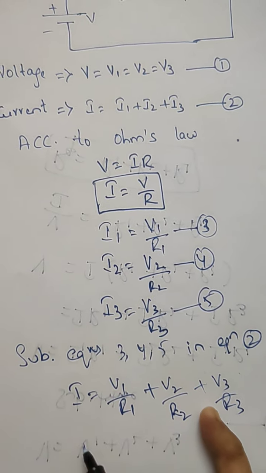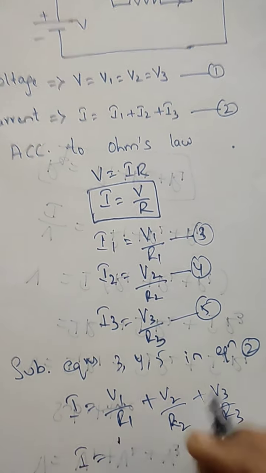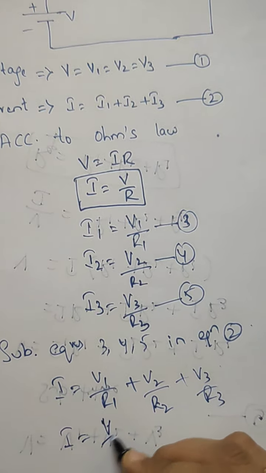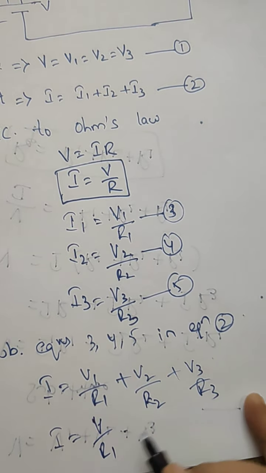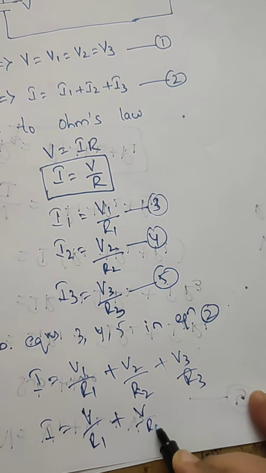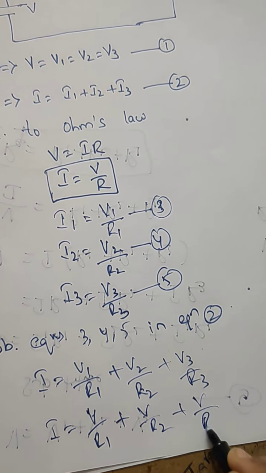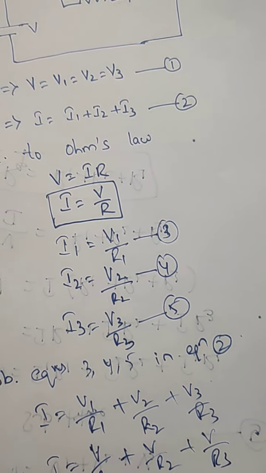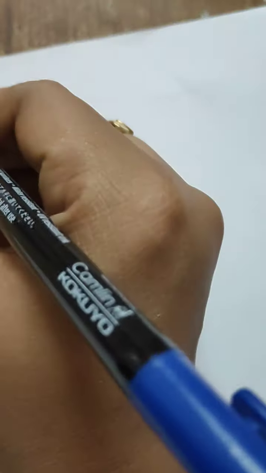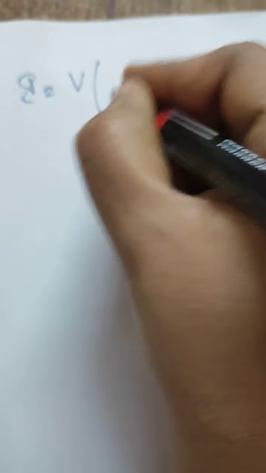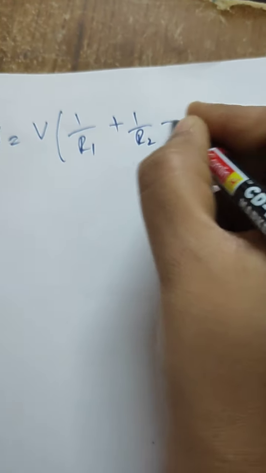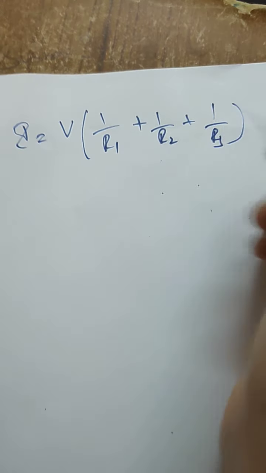Which means I can write I is equal to V by R1 plus V by R2 plus V by R3. What is the common factor here? V. So I can write I is equal to V times 1 by R1 plus 1 by R2 plus 1 by R3.